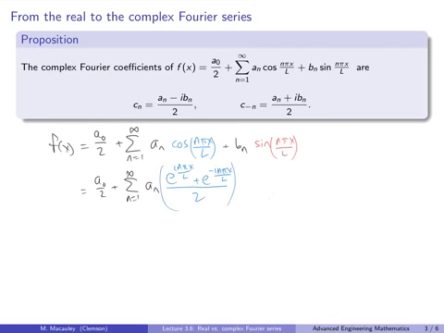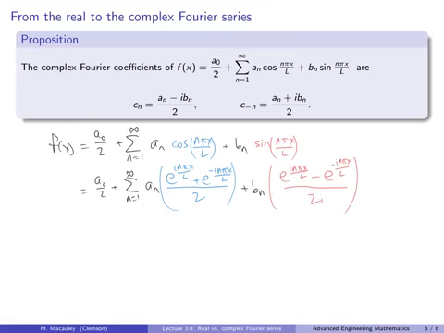Remember, that's our formula from the previous slide, but now here theta is equal to n pi x over L. And then we get plus b_n, and then this becomes e to the i n pi x over L minus e to the minus i n pi x over L, all over 2i.